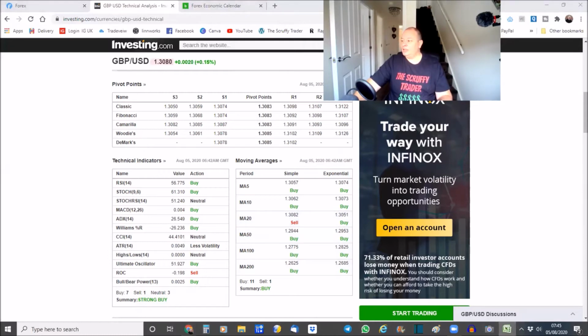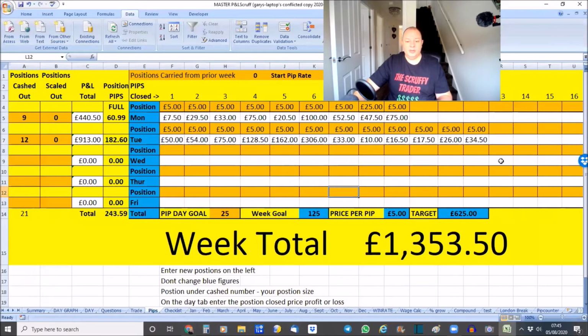So once I've gone through all of this, I'll collate it onto a sheet, which I do every morning. And on this particular sheet, I was told the other week that I don't do a lot of pips, apparently. Okay. I think I've done okay. You know, where are we at? 243 in the last 2 days, and they're my trades.